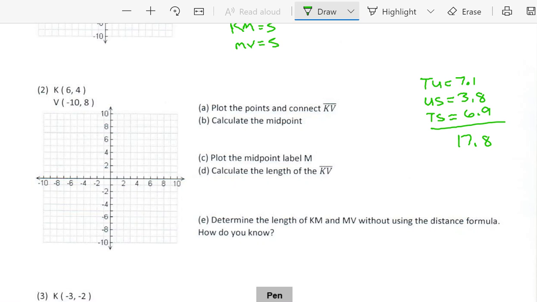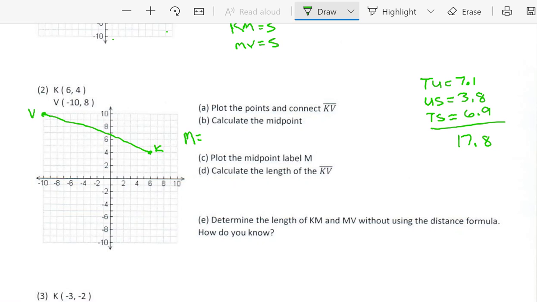All right, so it says connect the points again, so let's do that. We have 6, 4 and K and negative 10, 8. All right, so here's my second one this time. I need to find the coordinates of the midpoint. So I'm going to start with my midpoint formula.